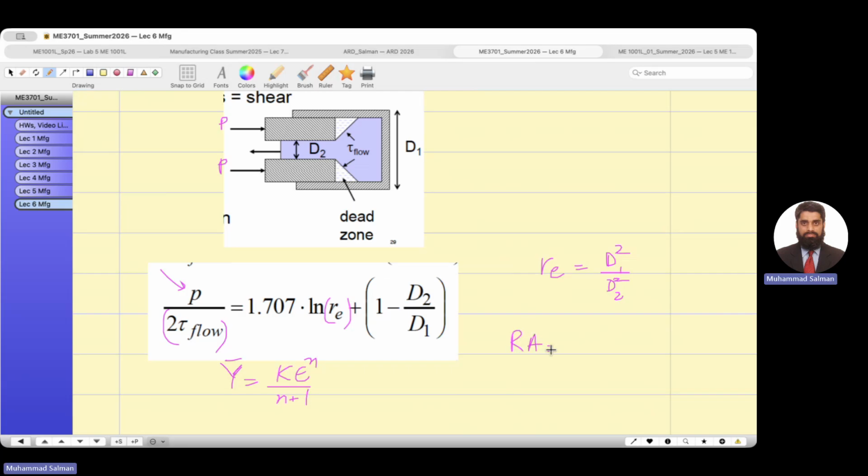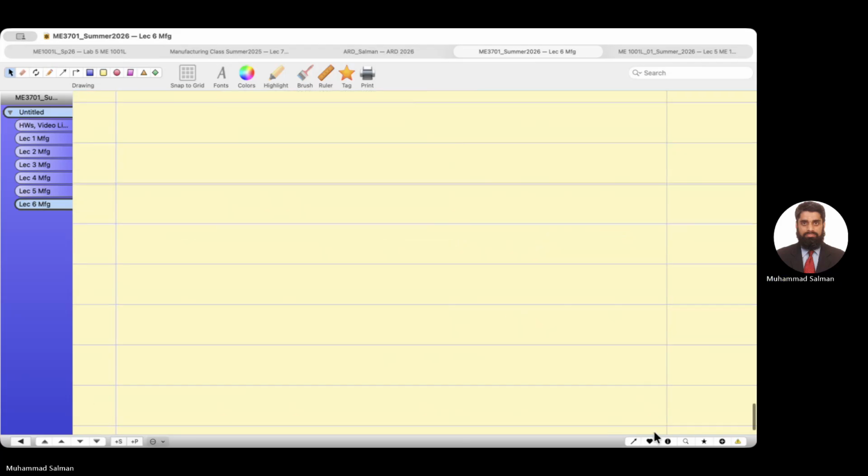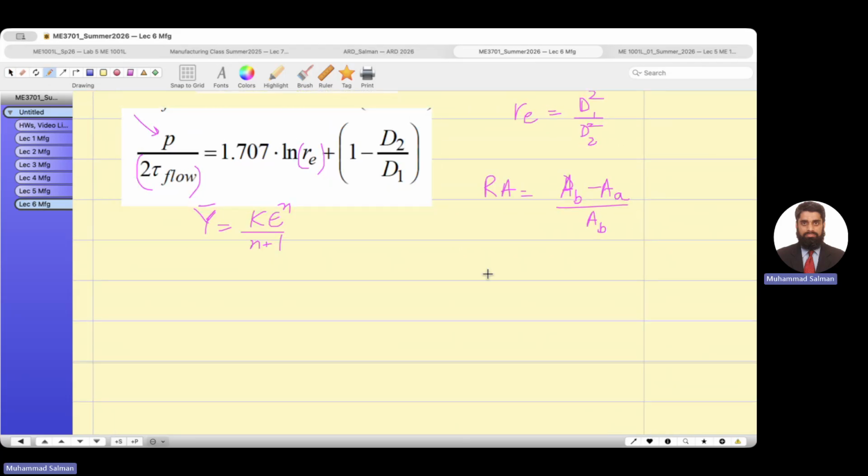Because we know that reduction in area in the drawing process is area back minus area forward over area back. Or you can write it like this: 1 minus area final over area initial.